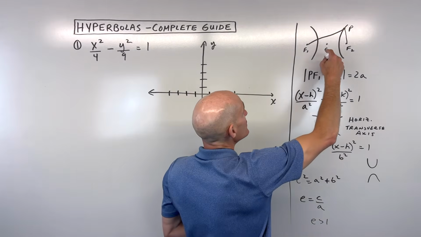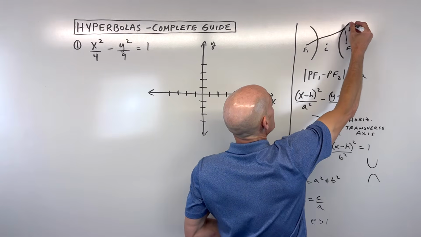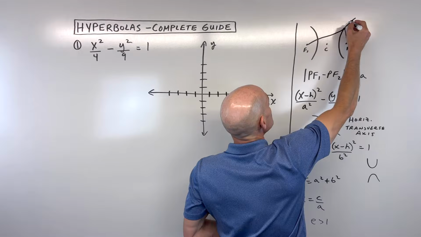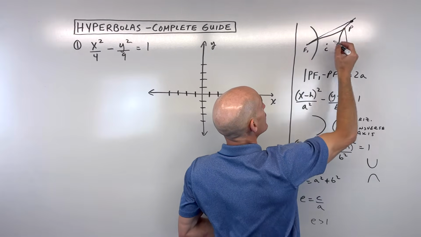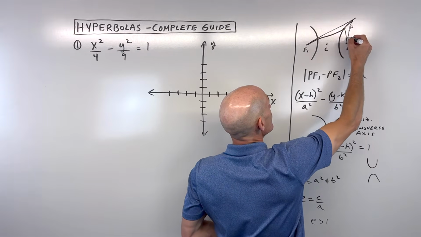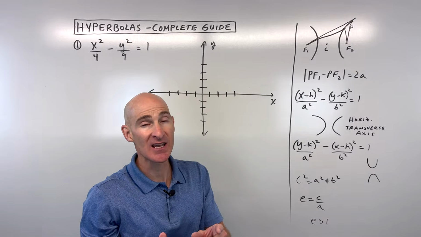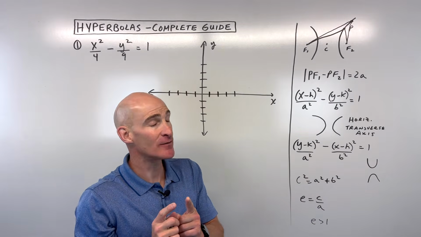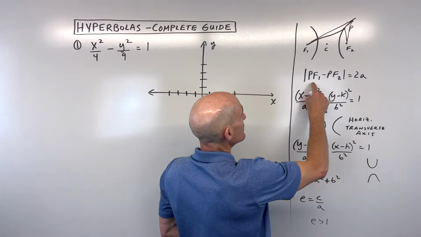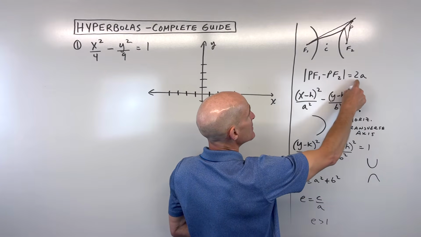You'll notice that as you go further and further out on the hyperbola, the distance from this point to this focus gets longer, but so does the distance from this point to this focus. When you subtract those two distances, it's always equal to that constant of 2a. And so you can think of it as PF1 minus PF2 equals 2a.